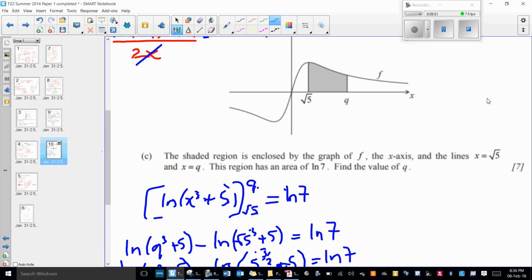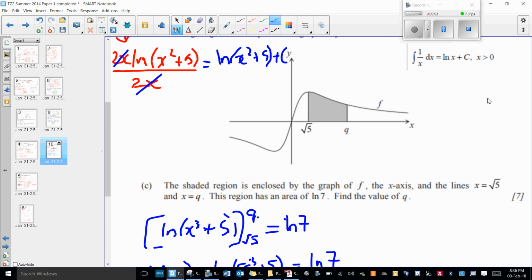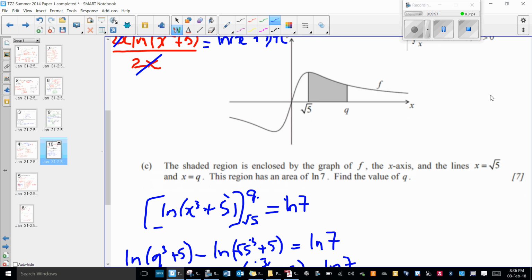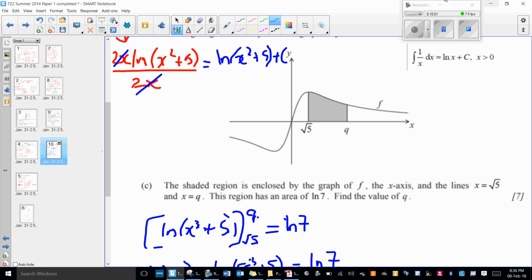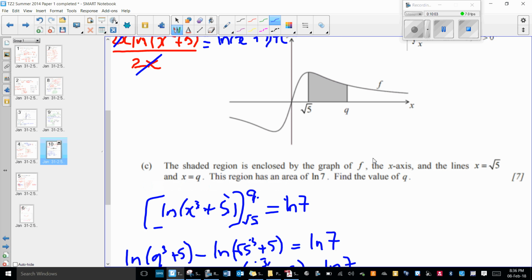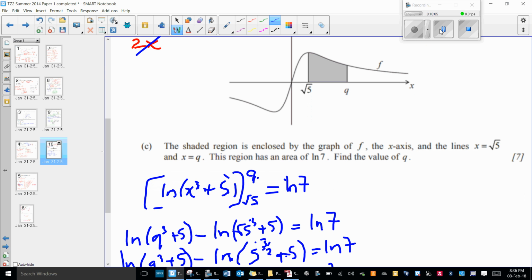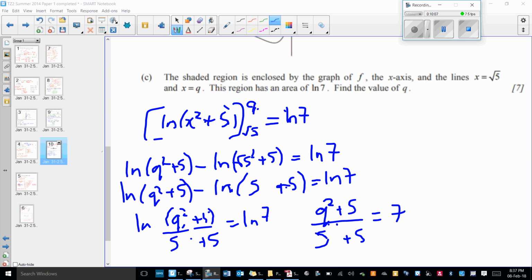Why have I been writing cubed? It was squared. Hang on, let me change all of them. Okay, so we've got now 10 on the bottom, because obviously root 5 squared is just 5.